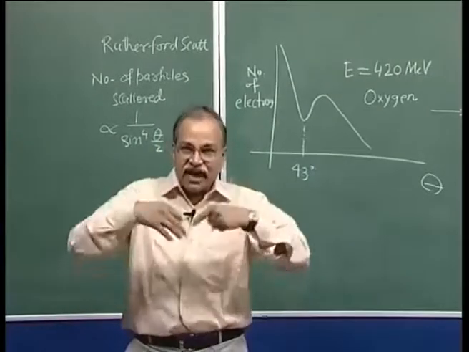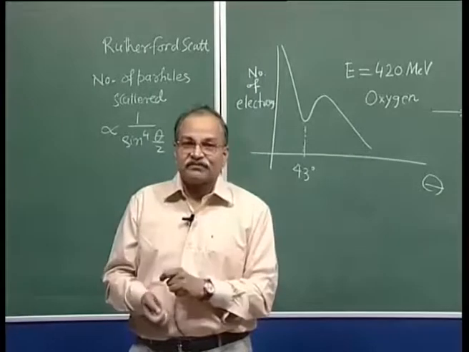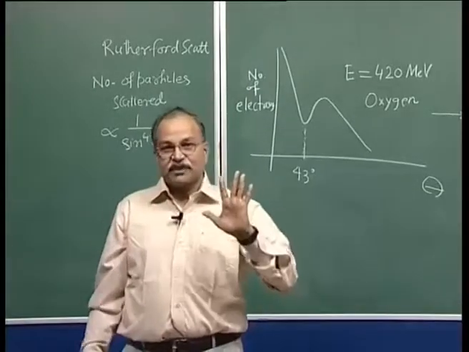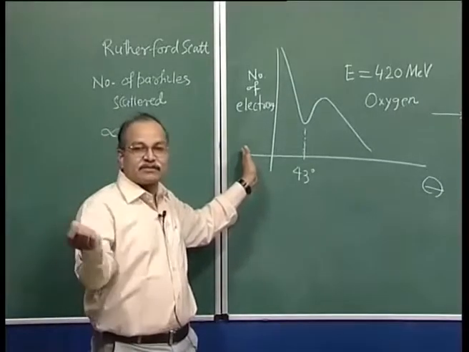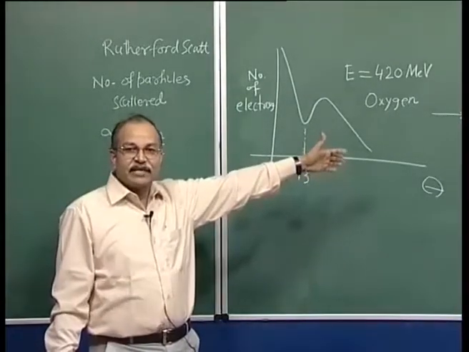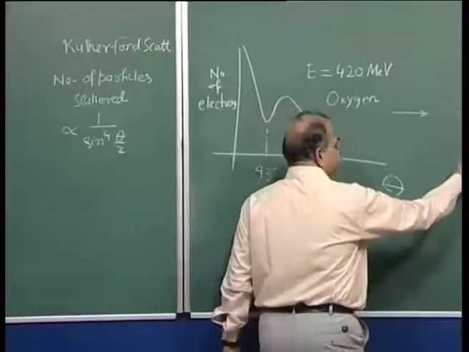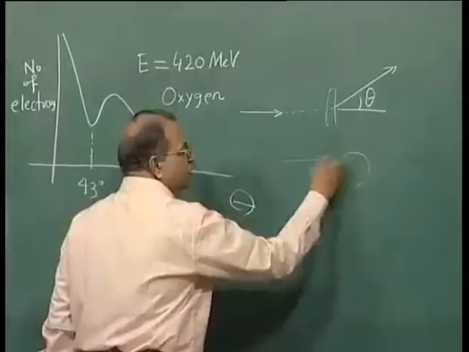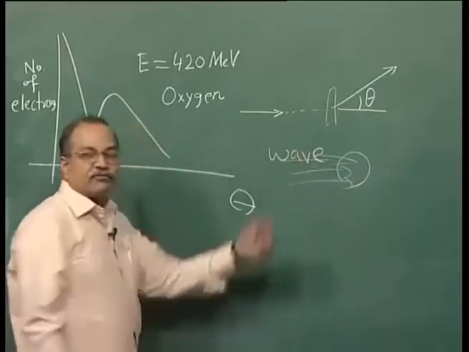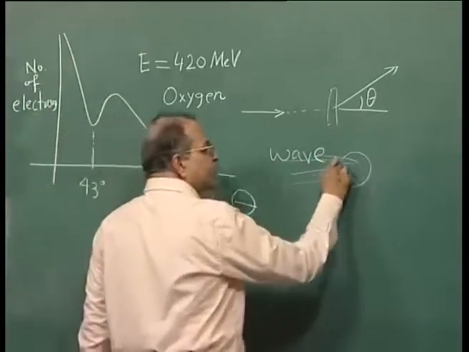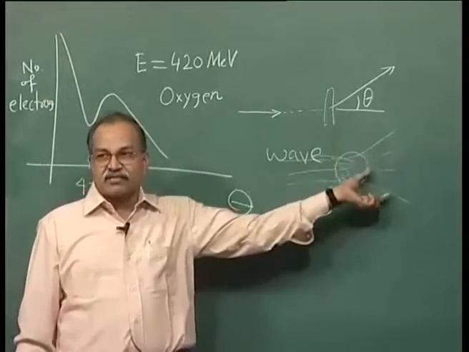But the other factor which comes in is the interference or diffraction of the electron waves. When the electron comes as a wave, this formula was derived for a particle interaction. So now the quantum effects are there and the electron is a wave. If you have a nucleus, and this electron wave, corresponding to one electron, is going and getting scattered from here, it is a kind of diffraction.